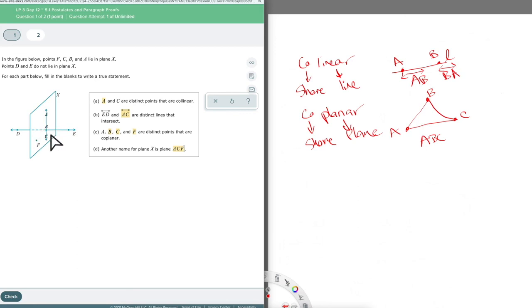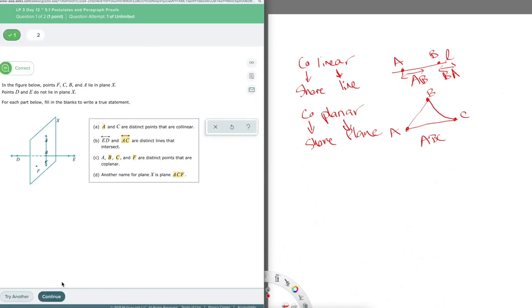There's a ton of answers here. The main thing is I need to follow the rule: it has to be 3 non-collinear points for a plane. 2 different points make a line. That's why I did 2 here and 3 here. They're different objects: one's a line, one's a point, or one's a plane. All right.